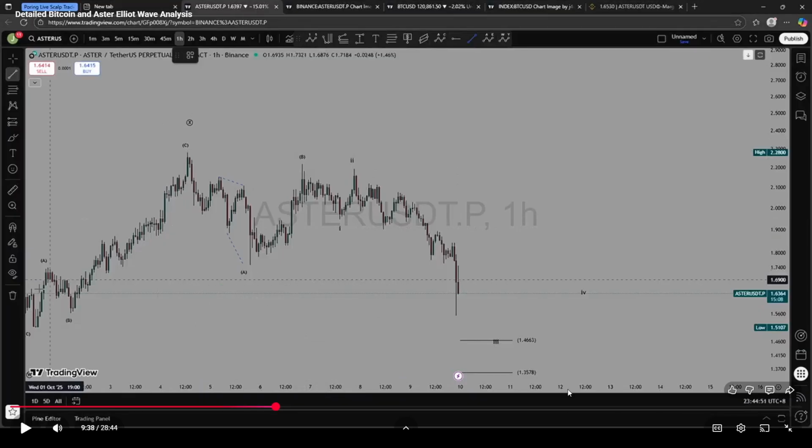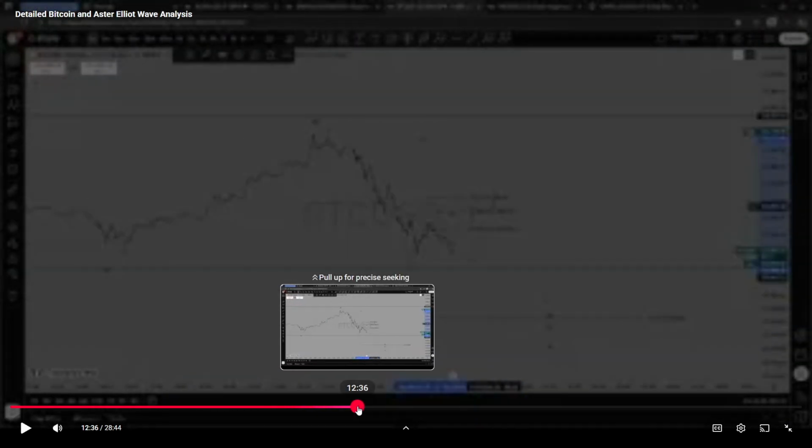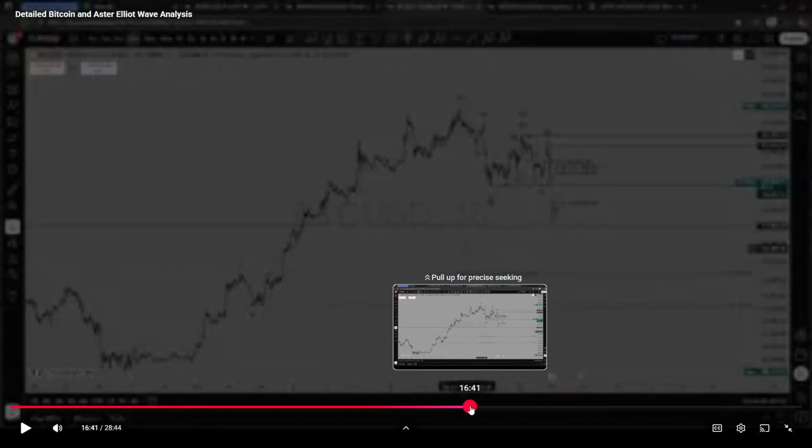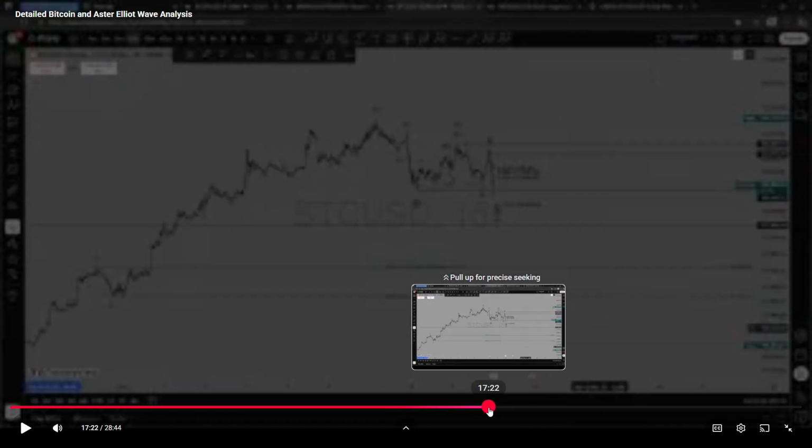So allow me to move to my analysis based on the Elliott Wave structure of Bitcoin that I have identified.